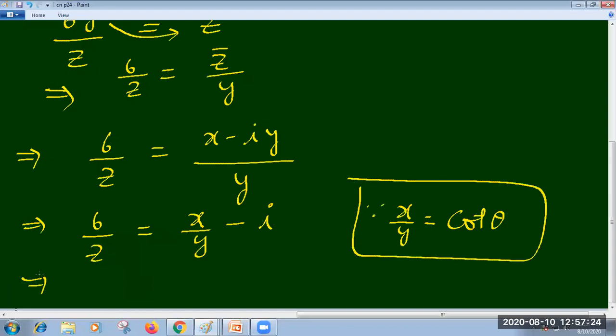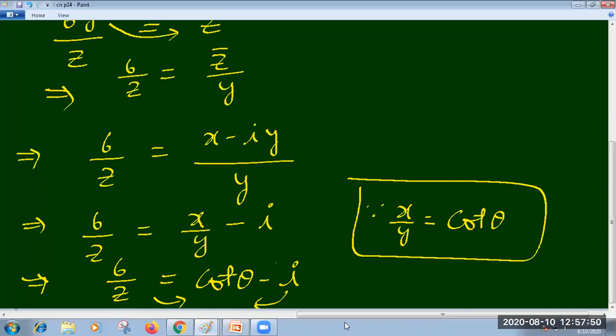We know theta is amplitude tan inverse y by x, and cot is x by y. So therefore this is 6 by z is equal to cot theta minus i.